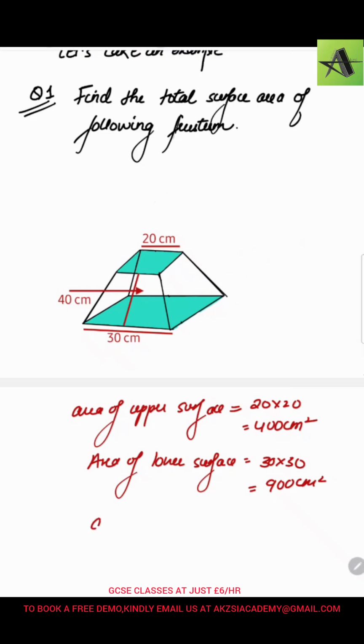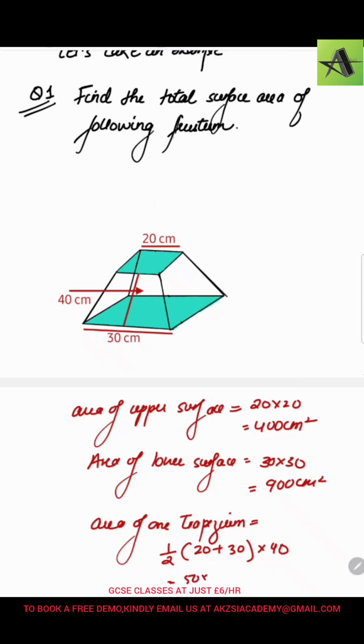So area of one trapezium is half times sum of the bases, 20 plus 30, times height between them, 40. So that will be 50 times 20, that is 1000.